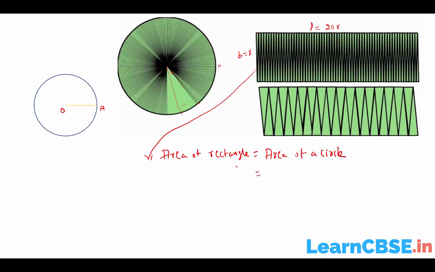What is the formula for the area of a rectangle? L into B. Here L equals 2 pi r and breadth equals r. So 2 pi r into r, 2 pi r square units. This is the area of the circle.